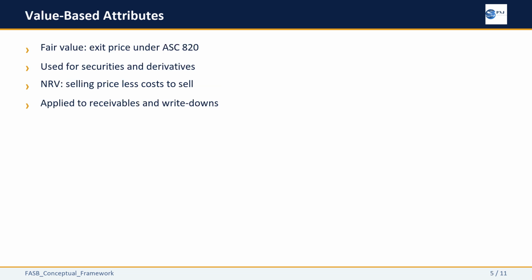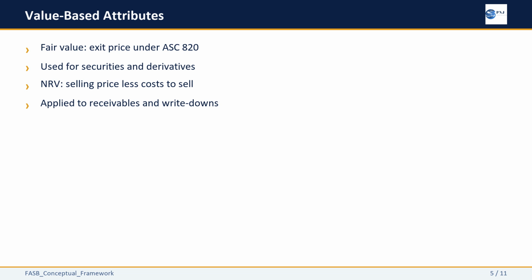Now the value-based attributes, which look forward instead of backward. Fair value is the price to sell an asset or transfer a liability in an orderly transaction at the measurement date, defined by ASC 820. It is an exit price, and it drives trading securities, derivatives, and assets acquired in business combinations.